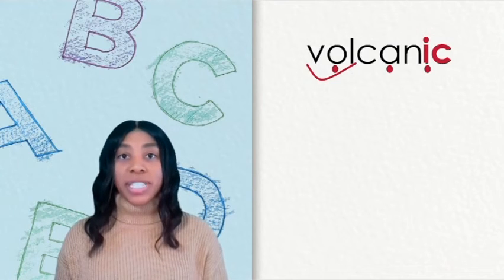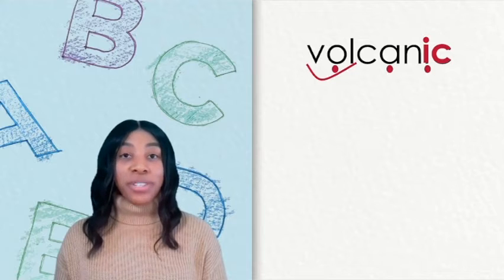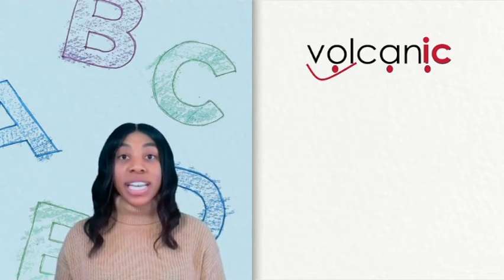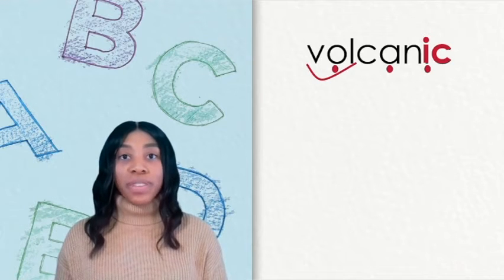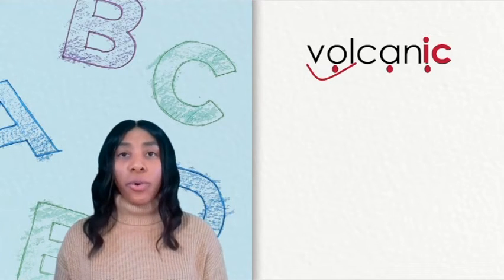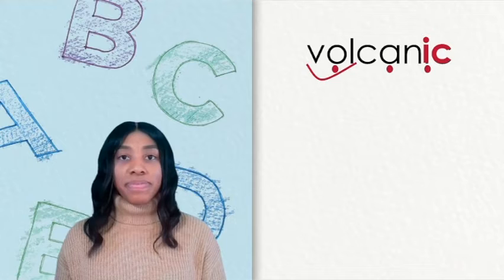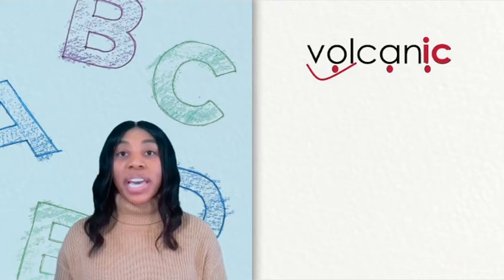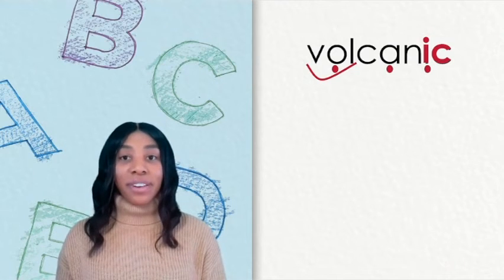What type of syllable is this? It is a closed syllable. As you can see, the consonant L is closing in the vowel O. What sound does the vowel O make? It makes a short O sound because it is closed, so it would make the ah sound.